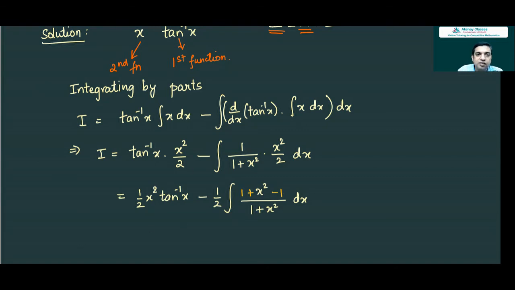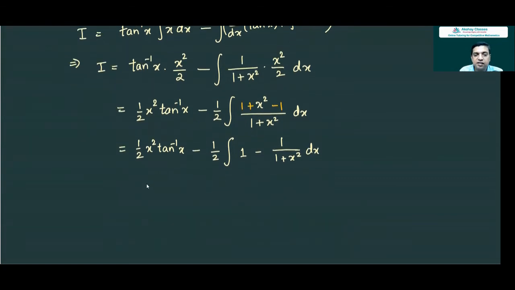When we do that, we can split this as half times integral of 1 minus 1 upon 1 plus x square dx. This is now in standard forms. We have standard results for that.